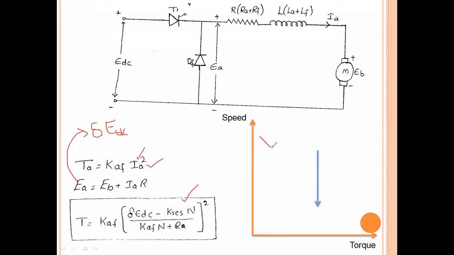If you plot the characteristics, they will be like this. This is a quadratic expression, so these characteristics are very near to a parabolic shape. I can draw it clearly.